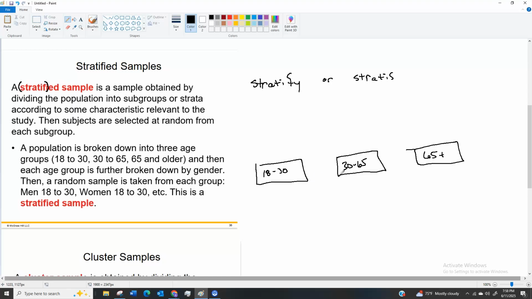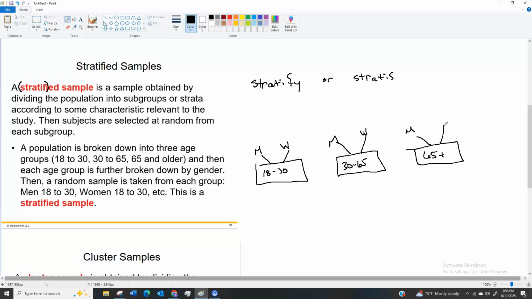And then each group is further broken down for gender. So from this 18 to 30, you're going to break it down into men and women, and then men and women.